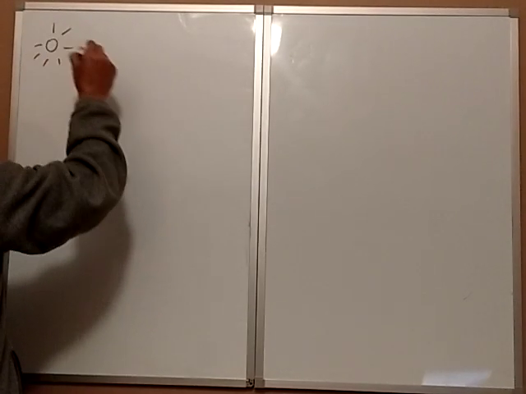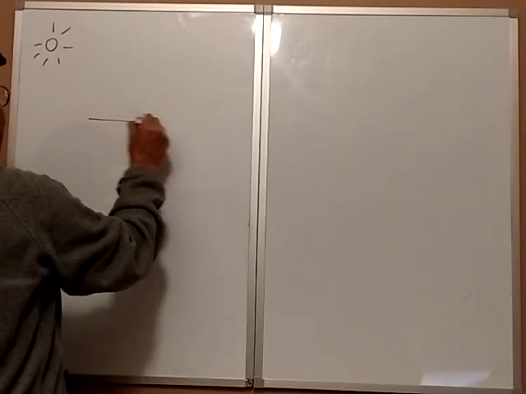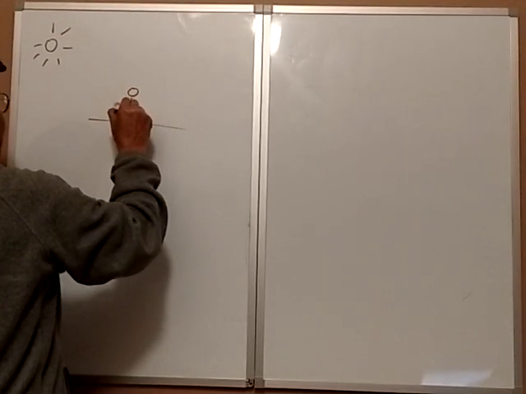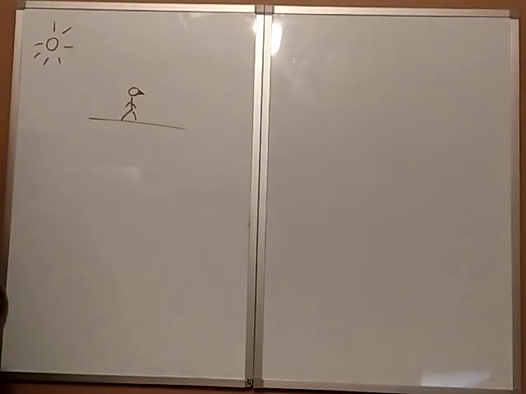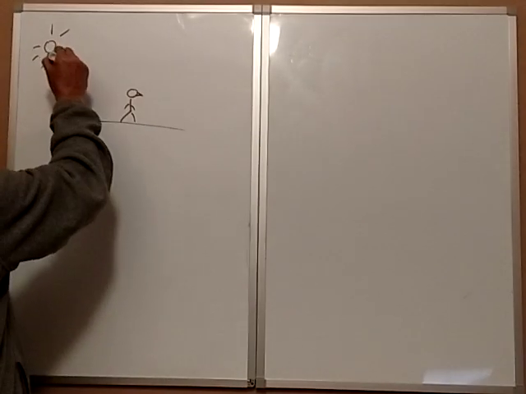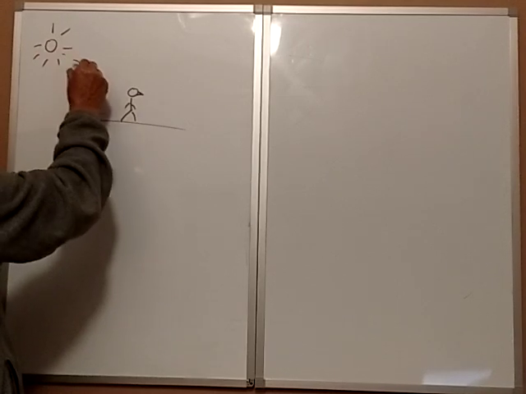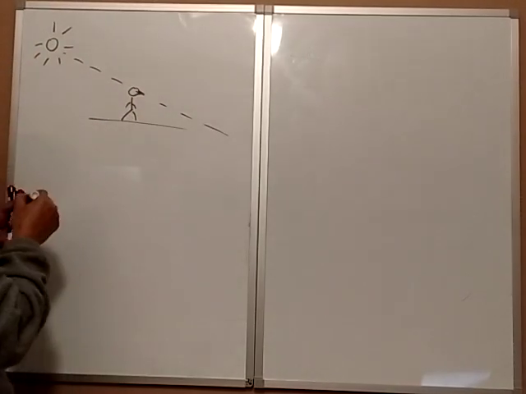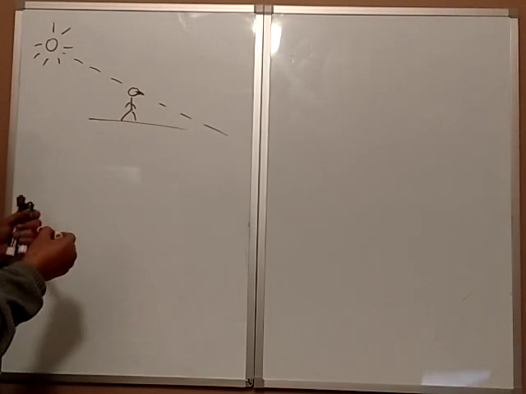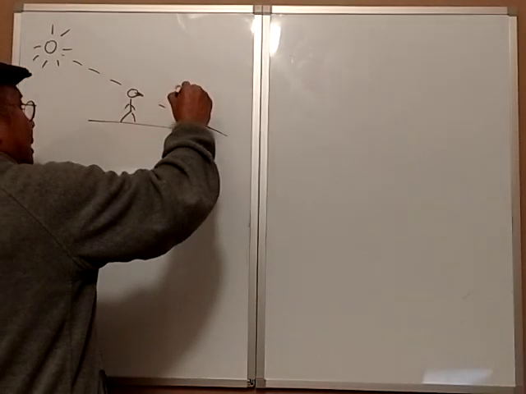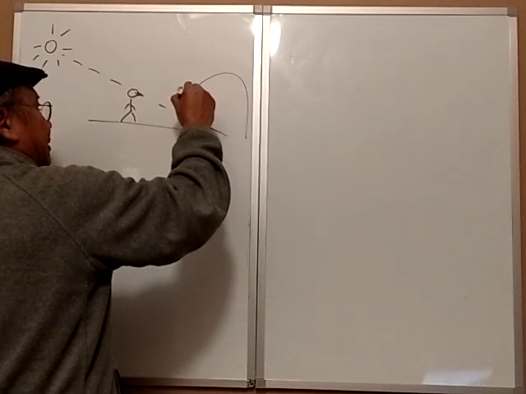Let's say this is the sun, and you are here, facing in that direction, so that's your nose. So this is the sun, and this is your line of sight in that direction. Then you will see a rainbow like this, right?